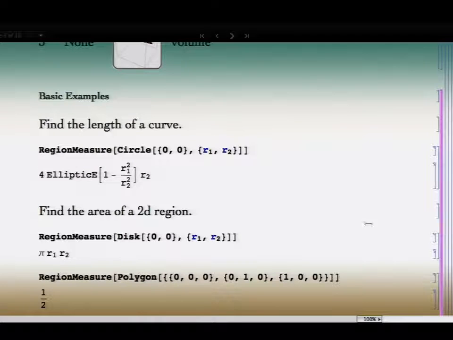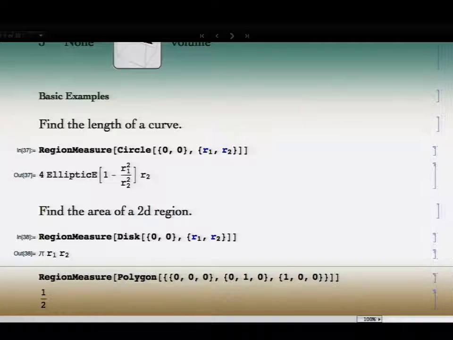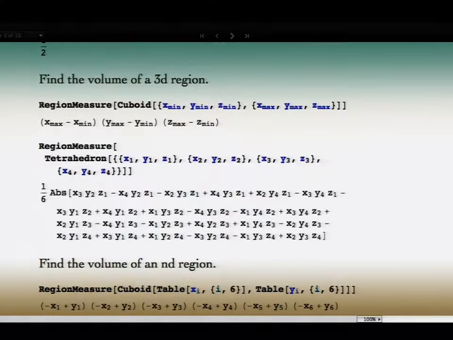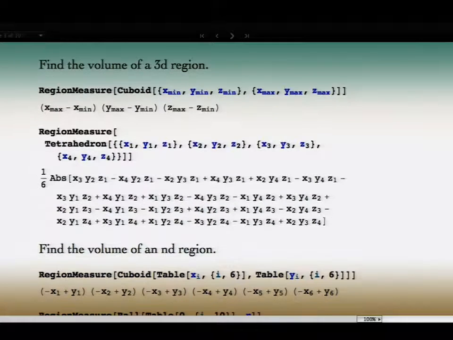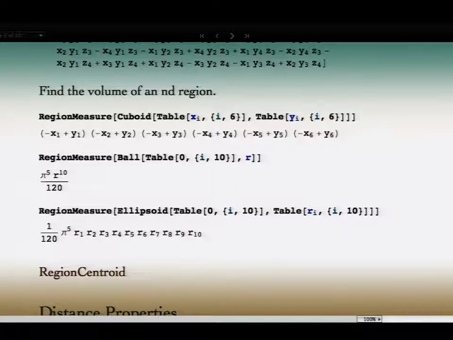So the first thing that just works is to get things like the measure, in this case the length of an ellipse where the semi-axis lengths are R1 and R2, or similarly for a filled ellipse, and so on. Some of these come out simple and they work typically in any number of dimensions.